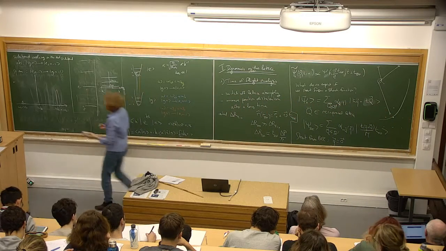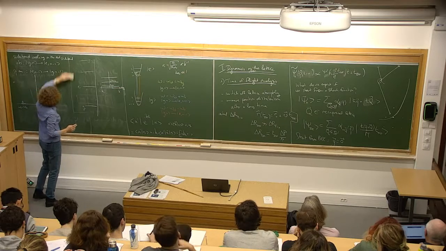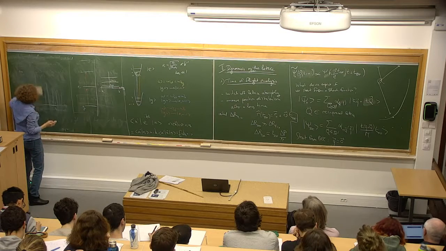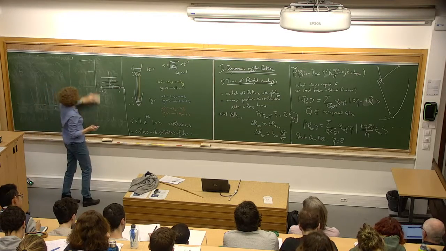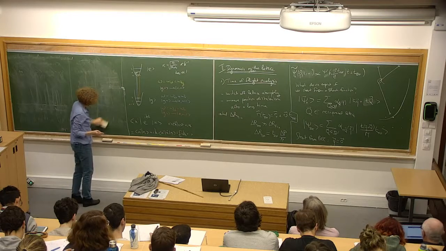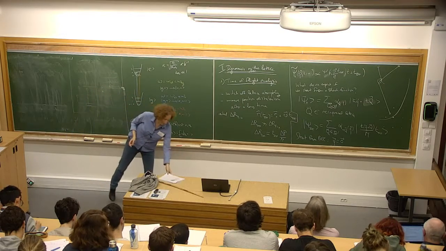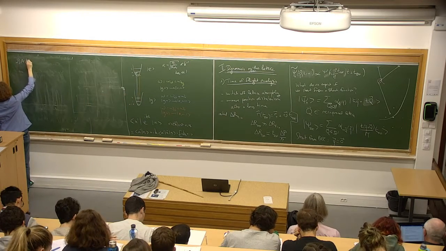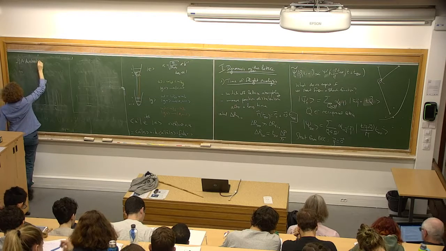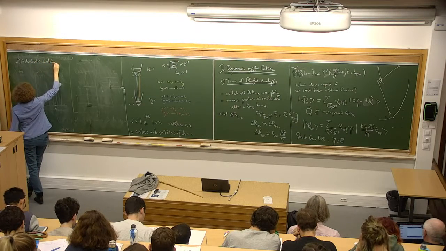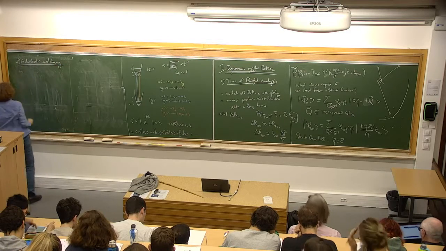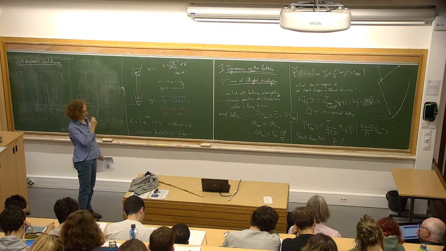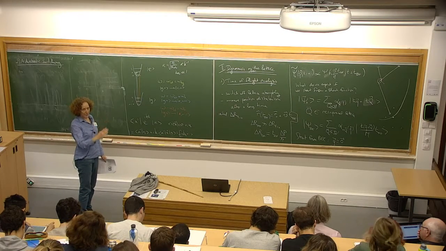Okay. So let me now describe what's happening if instead of switching off the lattice abruptly, we switch it off slowly, adiabatically. So what does that mean? It means that we will make the potential depth vary with time, but slowly.